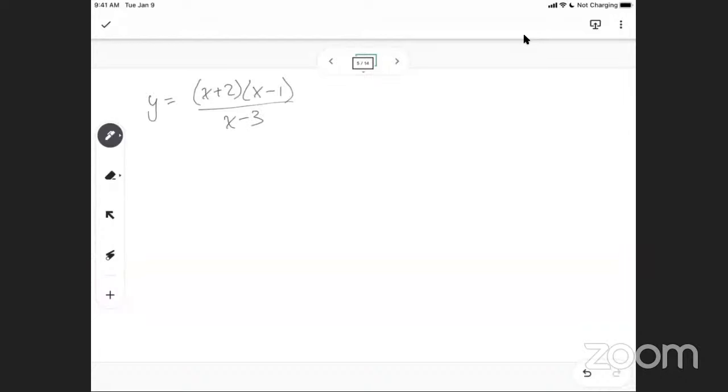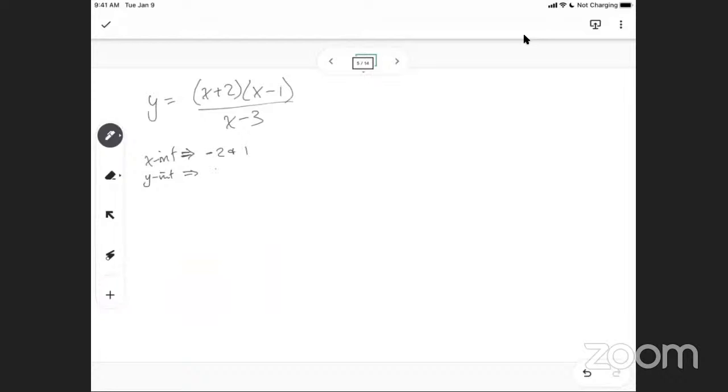So the numerator for this one, my x-intercepts are going to be where the numerator equals 0, right? I don't have any holes in this particular graph. So my x-intercepts are going to be at -2 and +1. My y-intercept is where I plug in 0 for x.